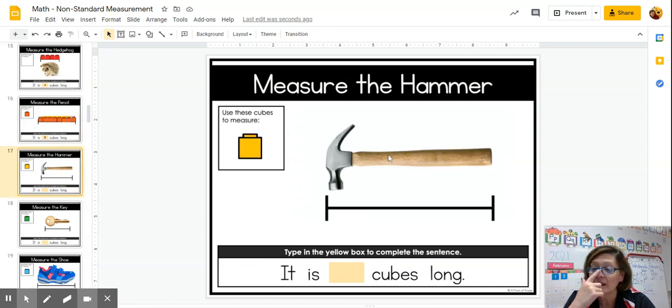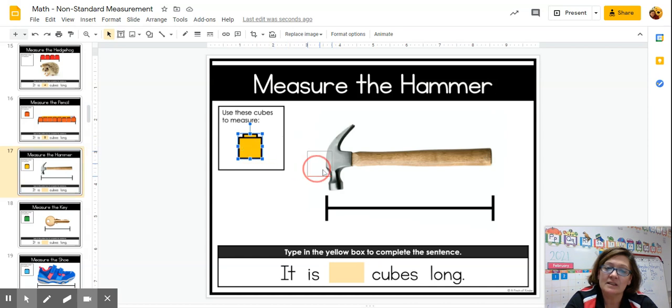A hammer. Make a prediction. A prediction is just a smart guess. What do you think? Maybe the hammer is going to be 10, 5, 2, maybe 4. What do you think? I'm going to say 4. Let's see. Oh, gotta take it down. There we go. 1.